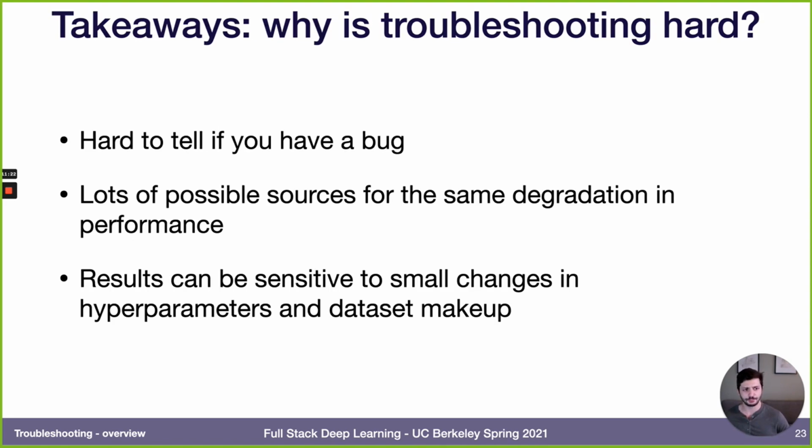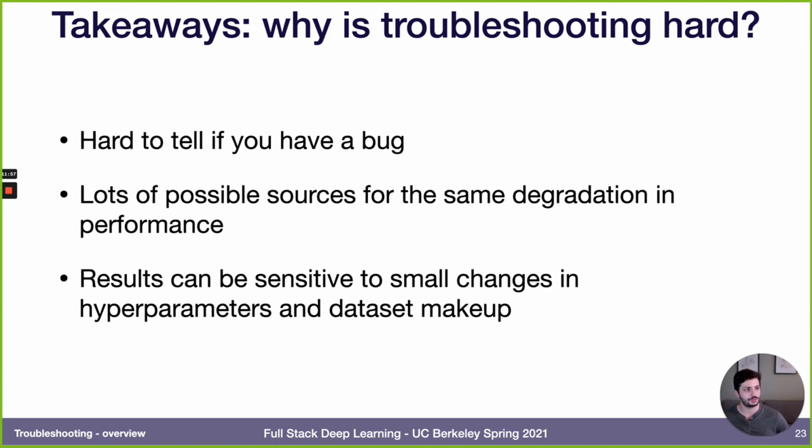So to summarize, why is it hard to troubleshoot the performance of your deep learning model? Well, it's hard to tell that you actually have a bug to begin with. And even if you know that you have a bug, so you're lucky enough to know that, there are a lot of different possible sources of the same degradation in performance, so it can be hard to disambiguate which cause is actually responsible. And lastly, models can be very sensitive to small changes in your hyperparameters and how your data sets are constructed.